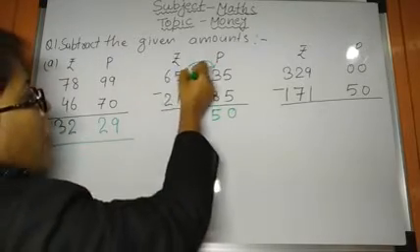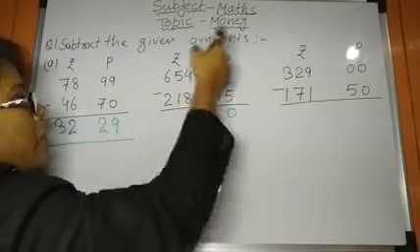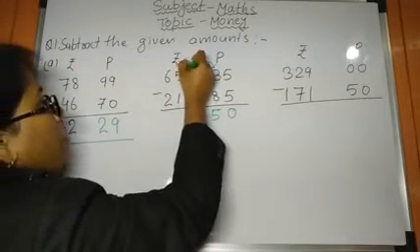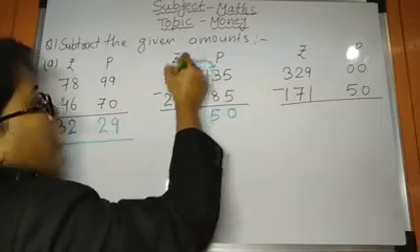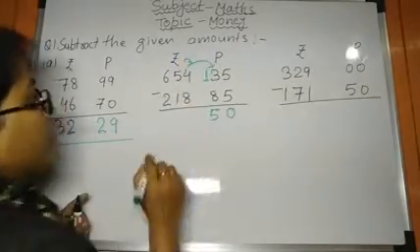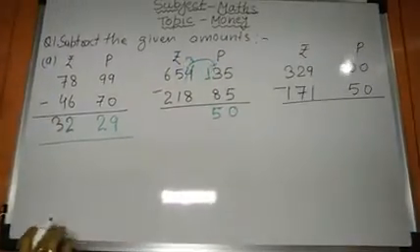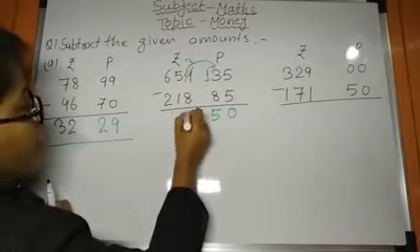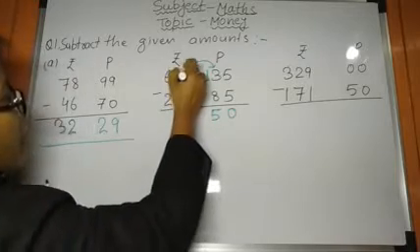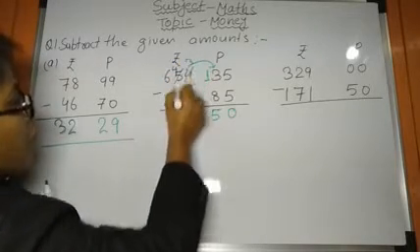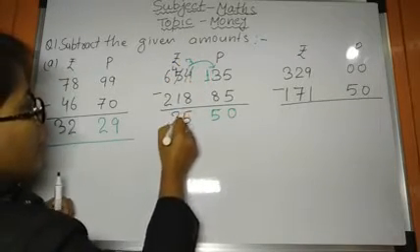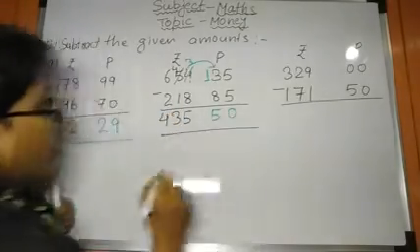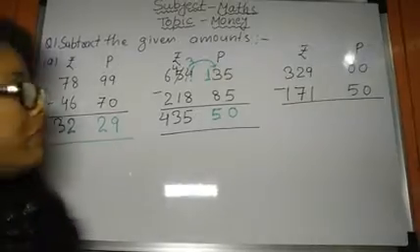Now this 4 gave 1 rupee to the paise part, so it will be 4 minus 1, that is 3. Now 13 minus 8, that is 5. Here it will be 4. 4 minus 1, that is 3, and 6 minus 2, that is 4. So 435 rupees and 50 paise.